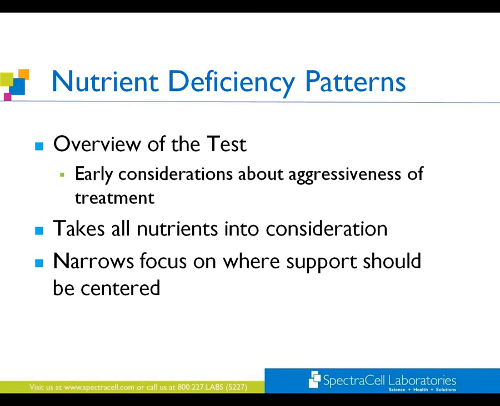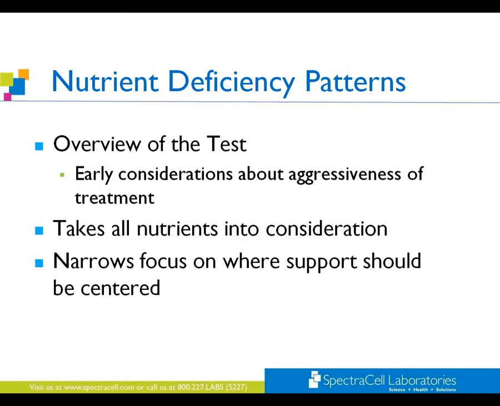Looking at the deficiencies, one of the attributes here is that you're taking all of these nutrients into consideration. When a patient comes in for their initial visit with you and they're giving you their history and telling you what their signs and symptoms are and what their areas of need are, you really want to take everything in.